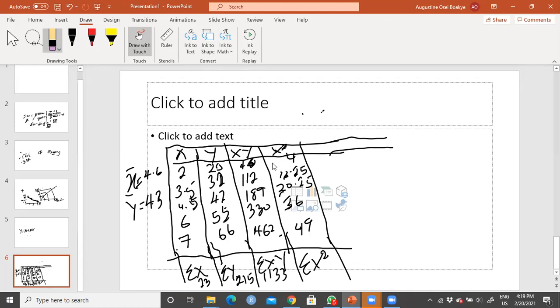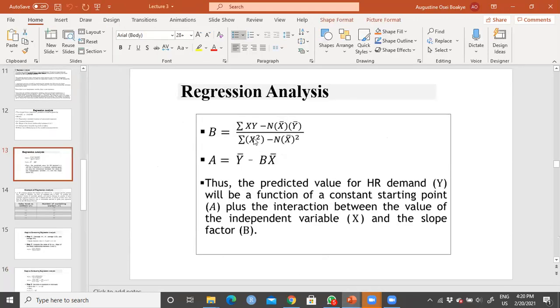What do you get? 121.5. Good. So you see, we have solved this part of the equation.